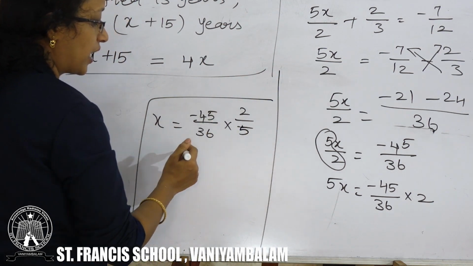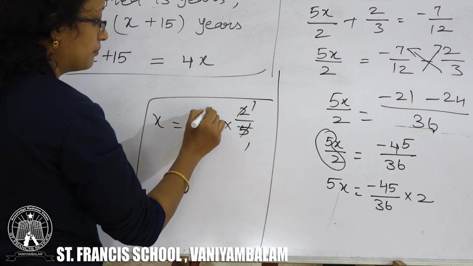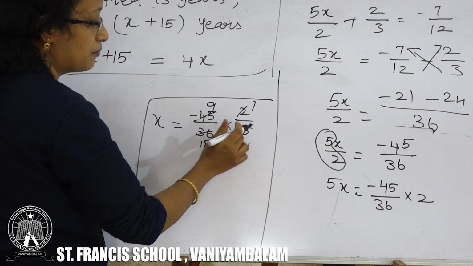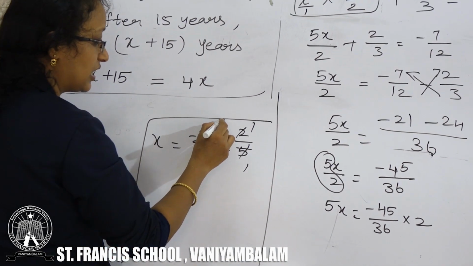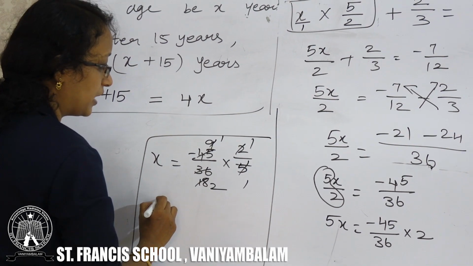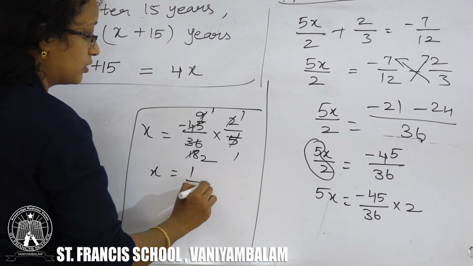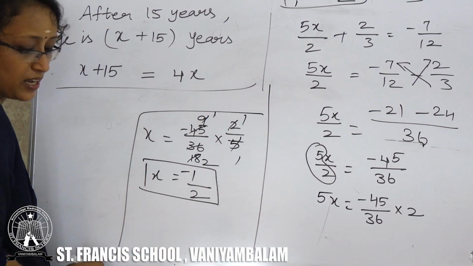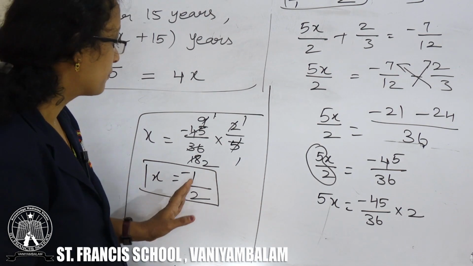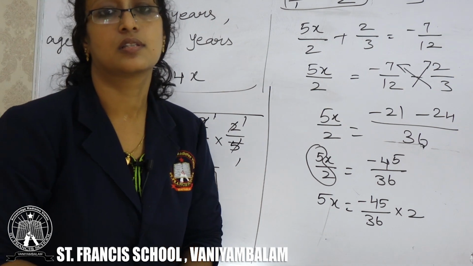Now you can cancel, because fractions are in multiplication, so you can cancel the numerator and denominator. At last you will get 1 into 1 is 1, 2 into 1 is 2. So this is your x value. What is your rational number? Minus 1 by 2. This is how you will solve this.